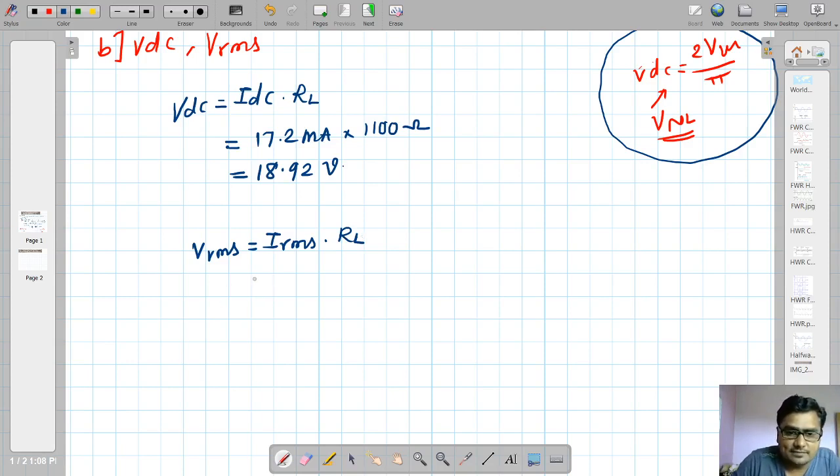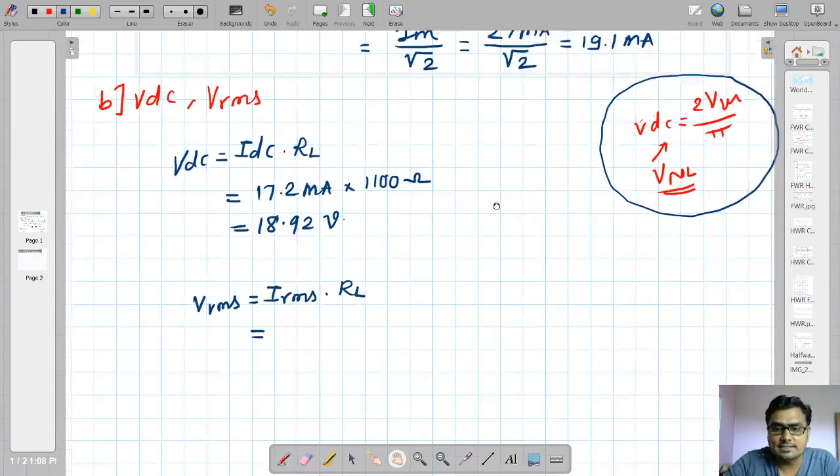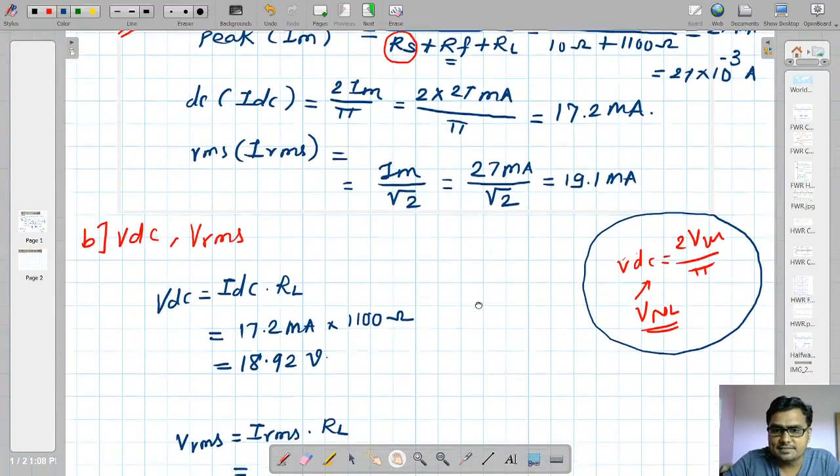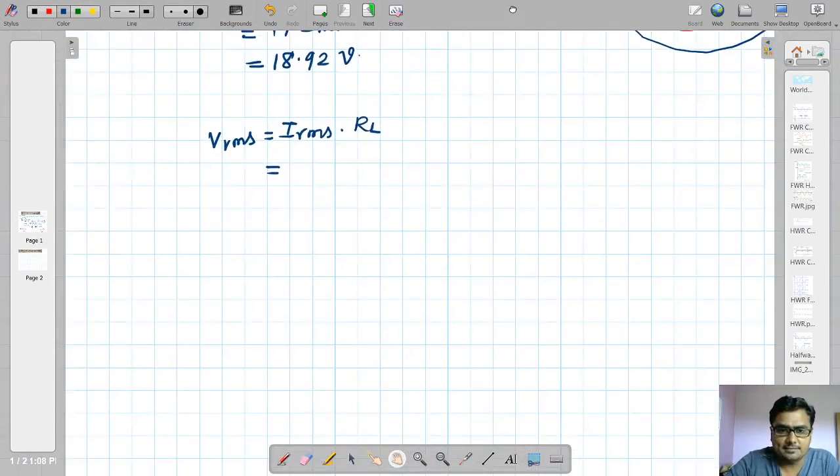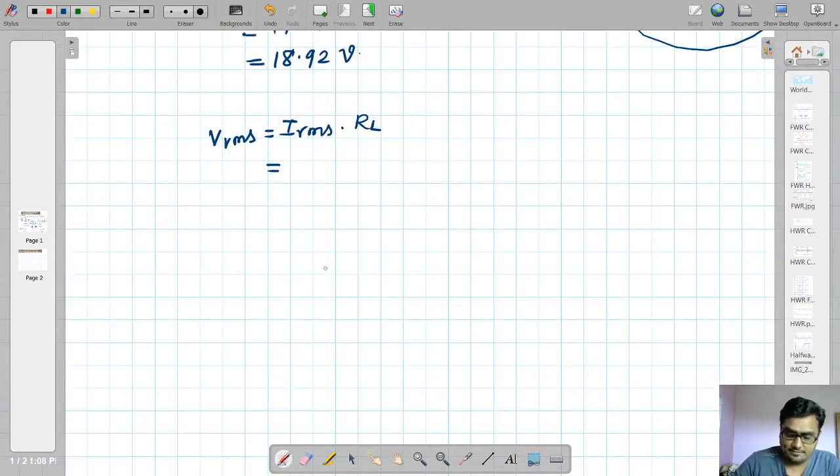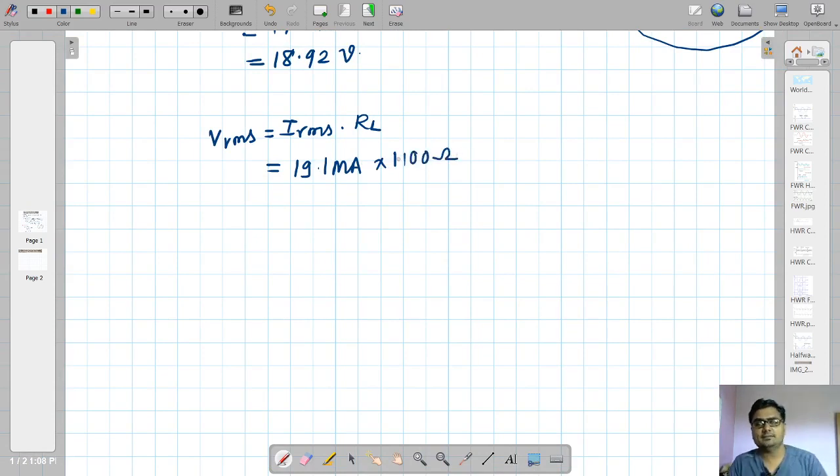Now, what is the value of IRMS? I think we have calculated it. IRMS is 19.1 milliampere. So 19.1 milliampere multiplied by the value of load resistance, 1100.